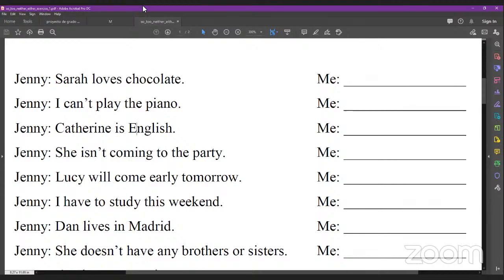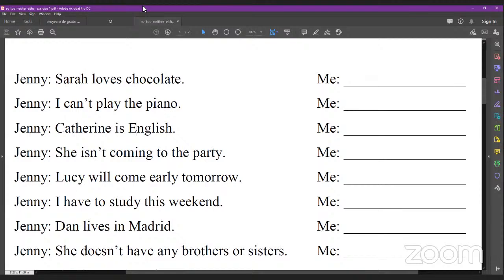So do I. Yes. But remember, so do I. Do. Primero, so, te viene el auxiliar. Do y el sujeto. I. So do I. Sarah loves chocolate. So do I. Cool. Sentence number 2.